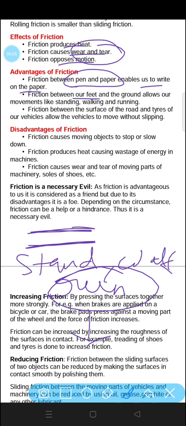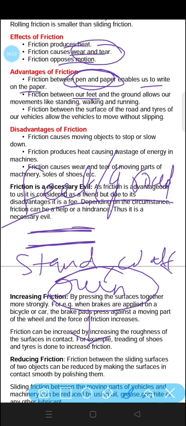Similarly, as there was friction between pen and paper due to which we are able to write, similarly the friction between our feet and the ground enables us to perform different activities like walking, standing and running.